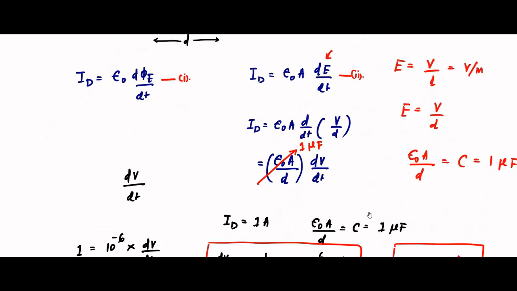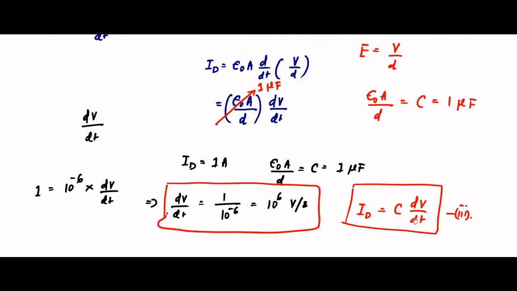And here we have a third formula, ID is equal to C dV by dt. Remember this as well, it may come in handy when you have the appropriate parameters in front of you. You can directly put in the values, get the result and save your valuable time.